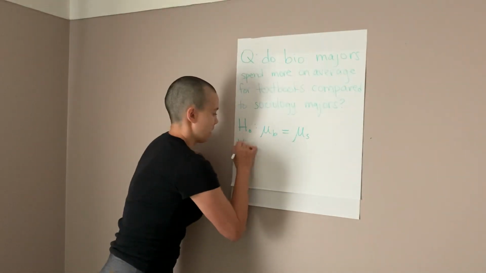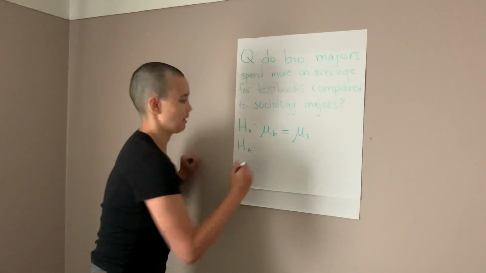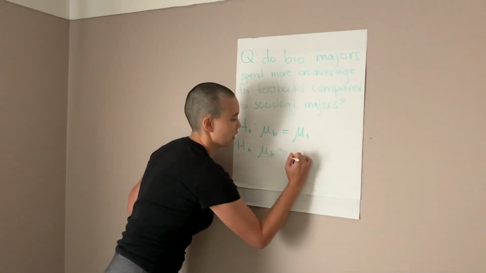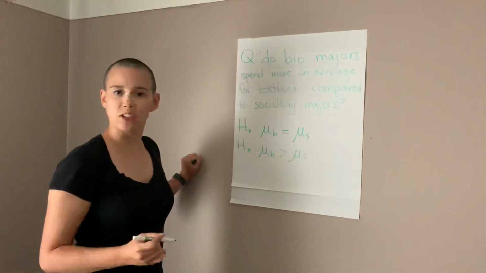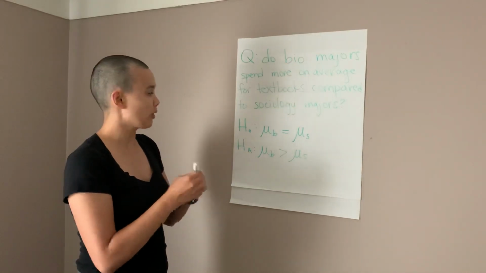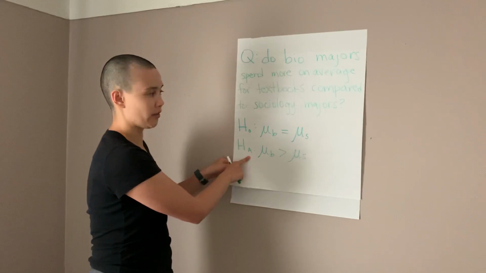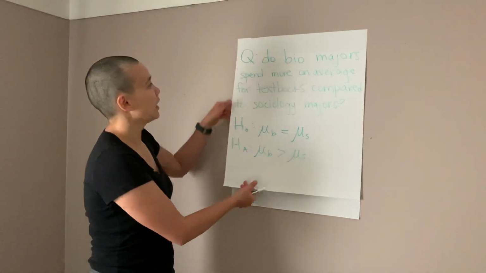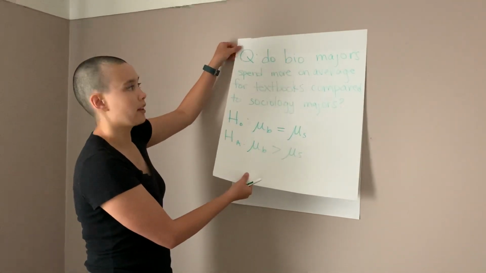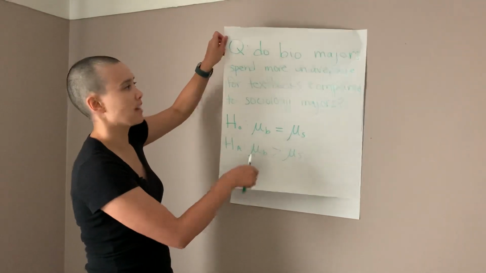Our alternative hypothesis is that biology majors spend more than sociology majors. So the way that we can test this null hypothesis against the alternative hypothesis is by looking at a randomization-based hypothesis test, which is called a permutation test.